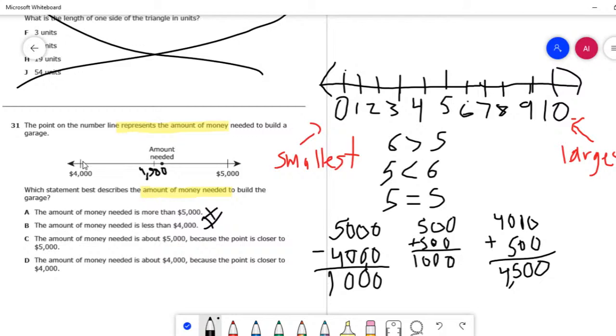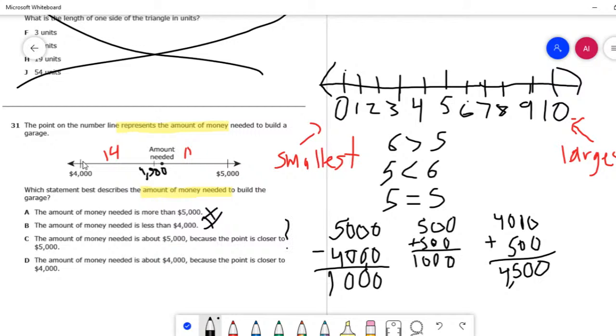Answer choice C says the amount of money needed is about $5,000 because the point is closer to $5,000. And as we talked about, that is correct. So if we just mark our units here, this is only about 11 when we measured, and this was 14. And so we measured it is a little bit closer to 5,000. So this could possibly be our answer choice.